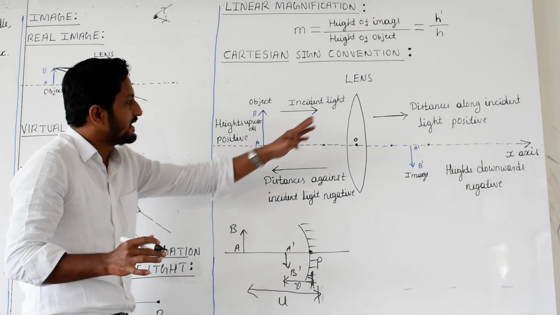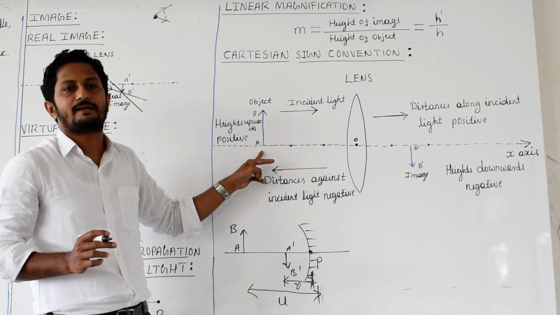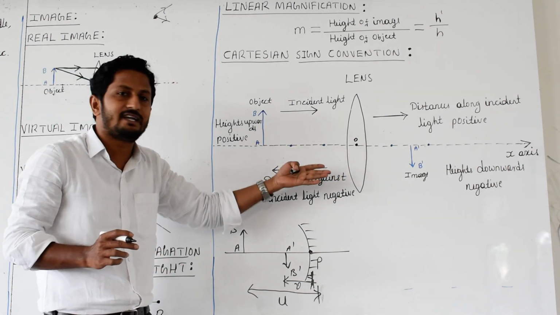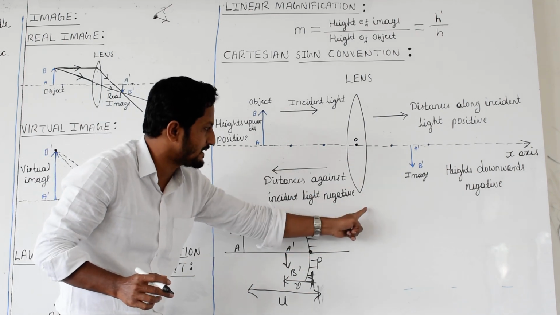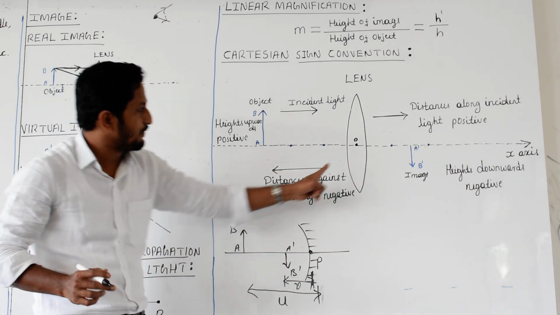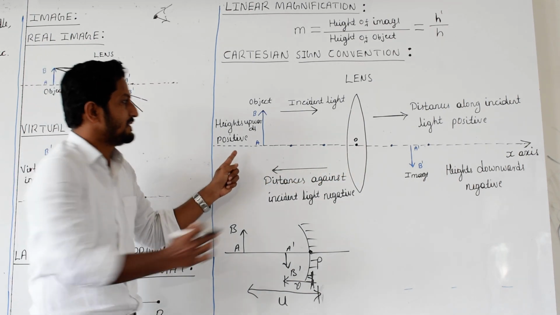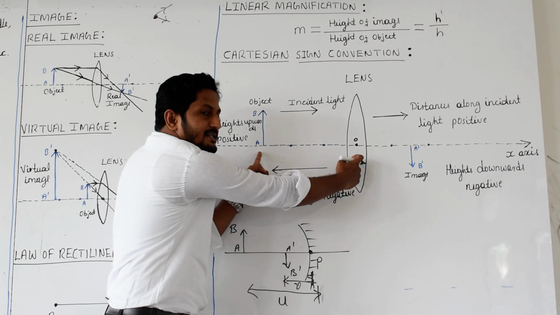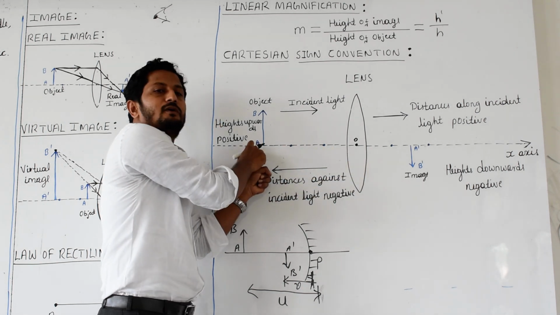Like this, if a lens is there, in front of the lens the object is here. To say where it is, you start that measurement from its optical center. This is the object distance, measured from the optical center to this object.